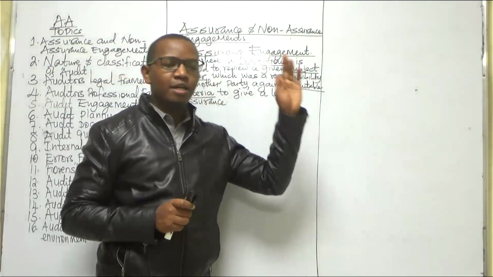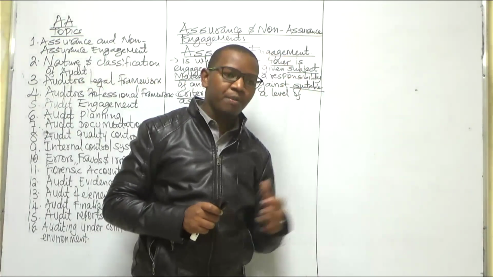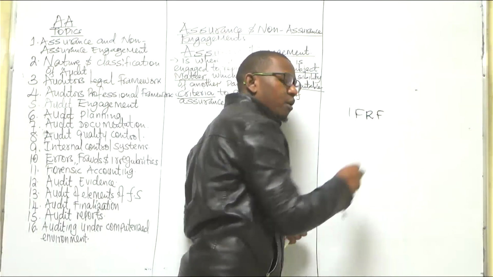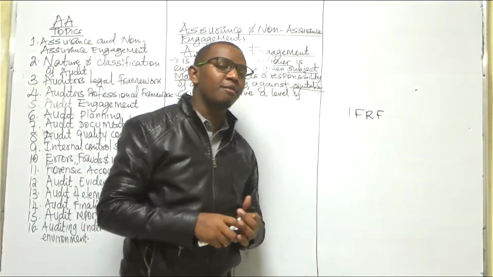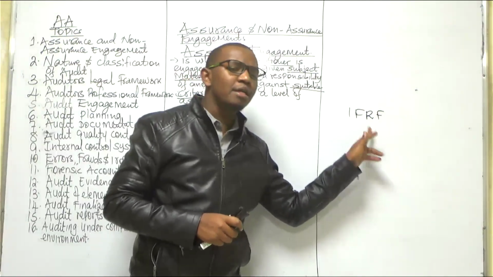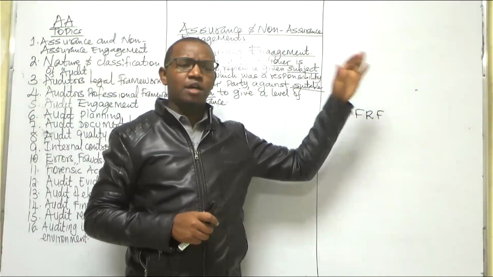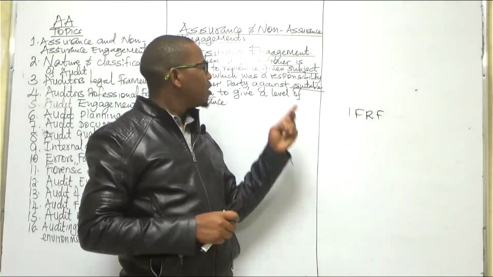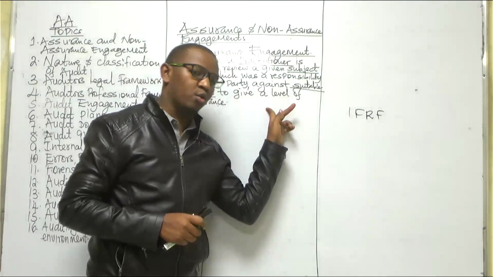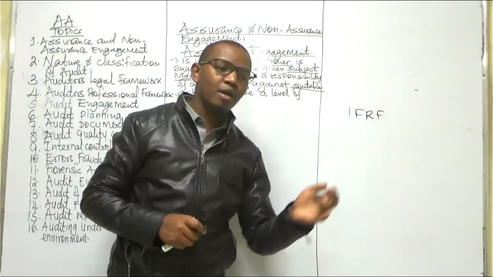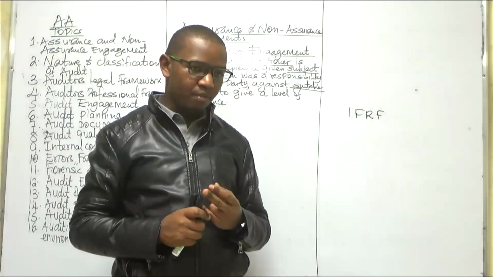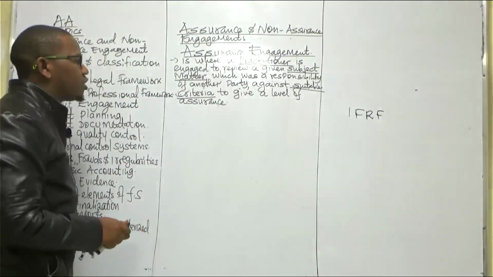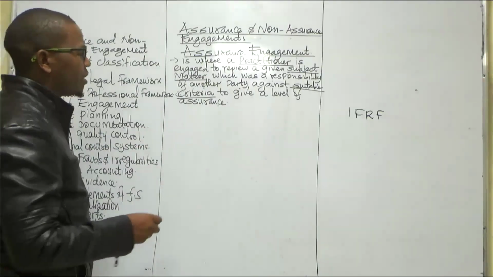We audit financial statements to see whether they have been prepared in accordance with an identified financial reporting framework. That is the benchmark against which the financial statements are measured or evaluated, so that you give a level of assurance. In auditing, the level of assurance is an opinion. So that is what we mean when we talk about the assurance engagement.